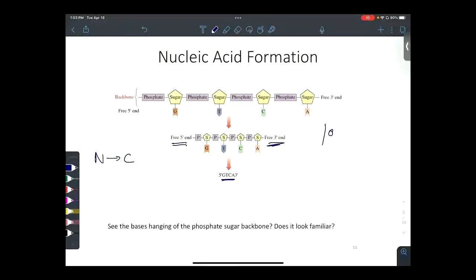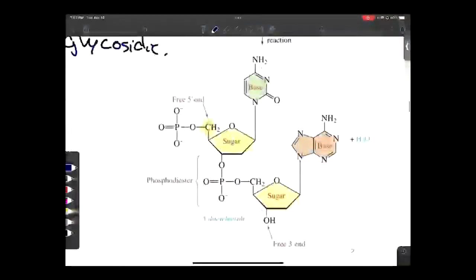I'll show you where that 5 is. Like if I go back up here. So here we have two nucleotides together in just like a 2 nucleotide strand. So here, this is our first nitrogenous base. This is what we call the free 5-carbon end, because the 5-carbon is the tail. It's the tail. So that's the one that's free.